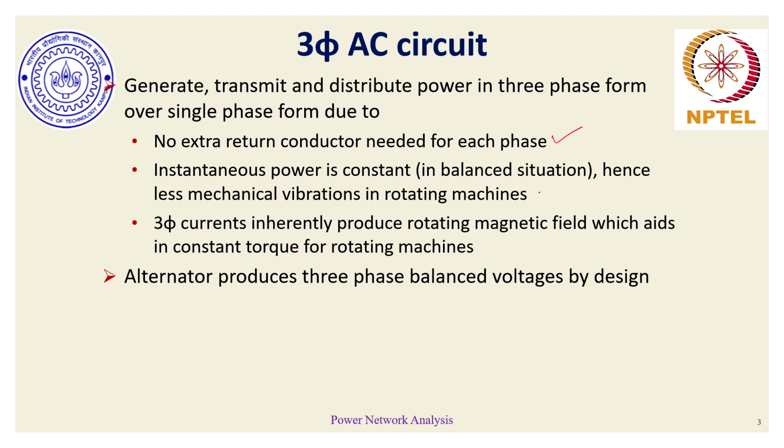The instantaneous power remains constant for balanced operating conditions, and hence our rotating machines like synchronous generators and induction motors undergo less mechanical vibrations. Also, the rotating magnetic field produced in the air gap between stator and rotor of rotating machines turns out to be rotating at a constant speed, or at a synchronous speed.